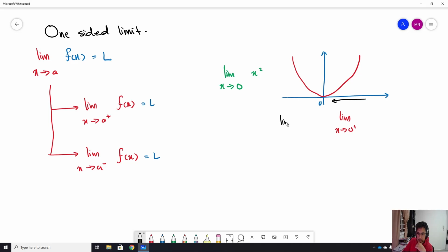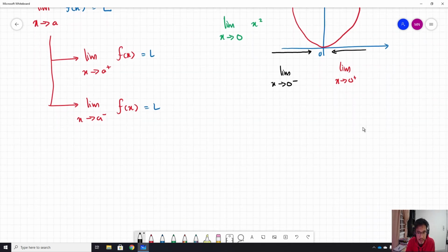Then for the limit as x approaches 0 from the left, it means the value of x is approaching 0 from the left side of the graph. Sometimes the answer will give the same number, but sometimes it will give a different number. Both will have their own conditions later. We will look at that later.